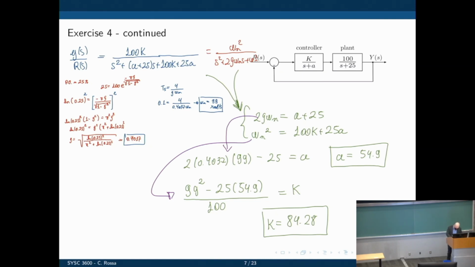We're looking at this. Then we can take 2 zeta omega n as what multiplies S, and what multiplies S turns out to be A plus 25. And what multiplies S to the power of 0 is omega n squared, which turns out to be 100K plus 25. Does that answer the question?